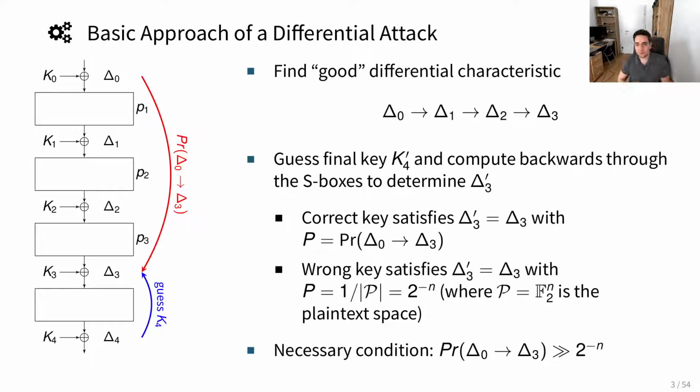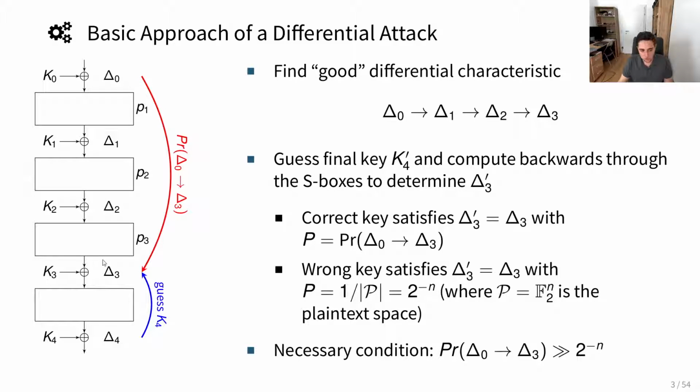So let's continue with a very basic approach of a differential attack. Usually we try to find some good differential characteristic. In this very simple example, we have some probability for the characteristic over 3 rounds. Essentially what we do is extend this by 1 round, with, in the best case, a partial key guess for the last round in backwards direction.